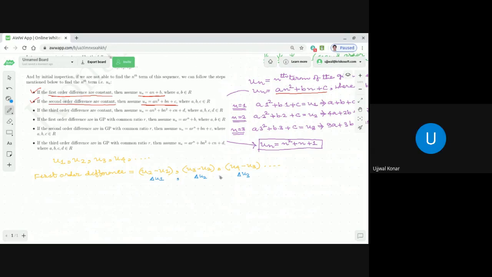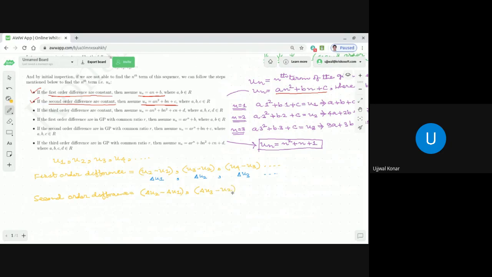So how to find the second order difference then, dear students? It is delta u2 minus delta u1. Correct or not? Yes. Second order difference: we get delta u2 minus delta u1, then delta u3 minus delta u2.